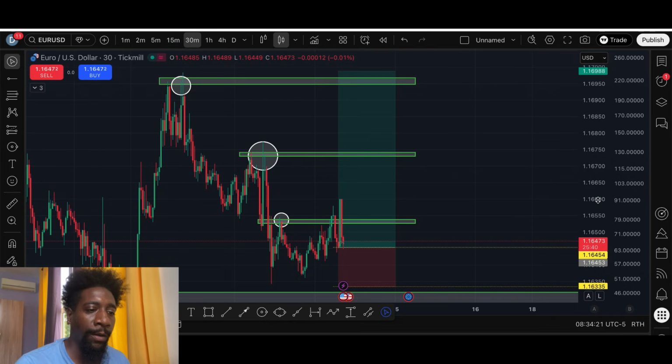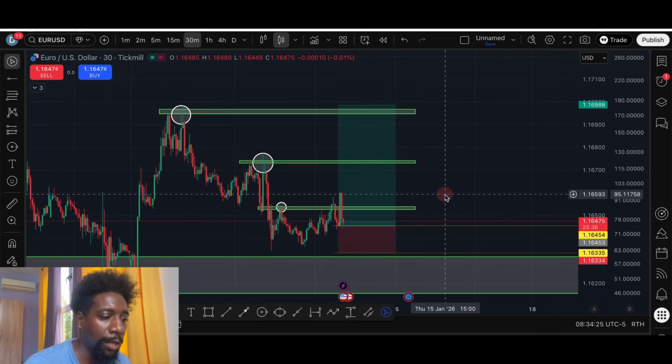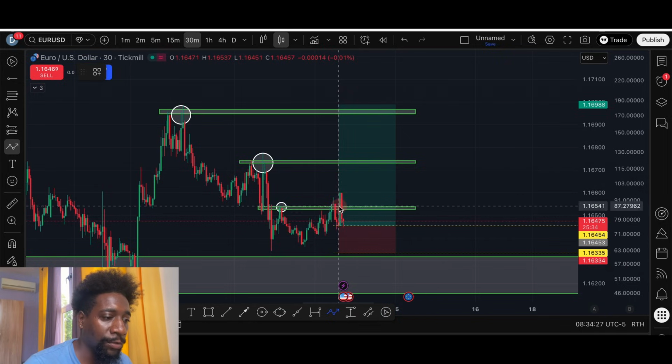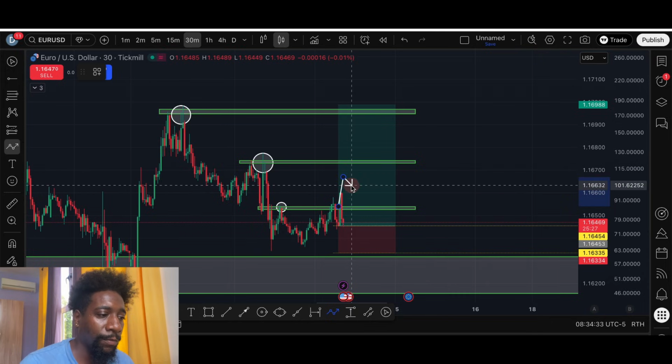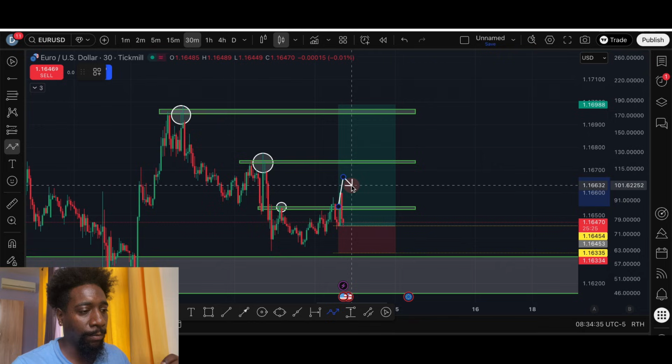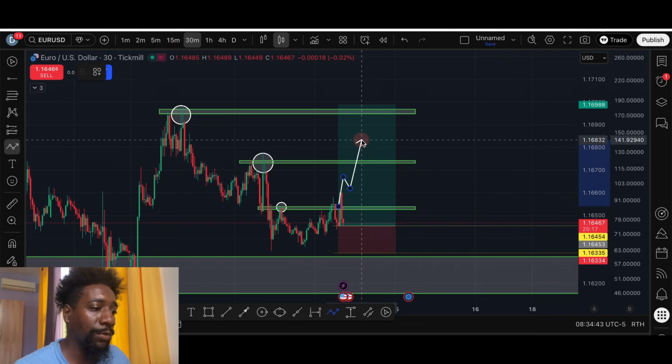So as the trade is continuing to play out and continue to push up, I am going to continue to move once this gets a little bit more than halfway, closer to my take profit 2, I will move my stop loss to my take profit 1, so I will not lose any money.